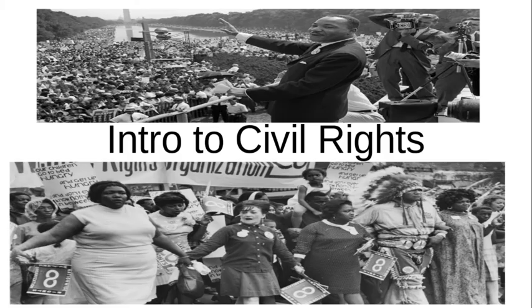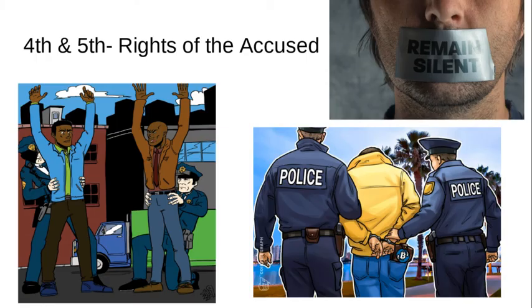Just as a recap, the last unit was about the Bill of Rights, which specifically was the first 10 amendments that were added to the Constitution in order for it to be officially agreed upon and signed, which then back in the 1700s made the Constitution basically the instruction manual for our brand new government.